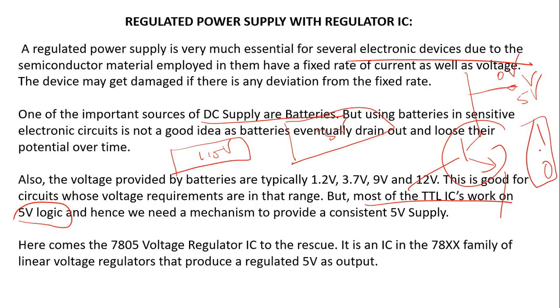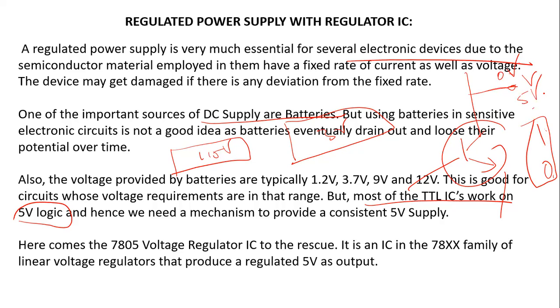So the binary information is either 0 or 1, that is, either 0 volt or 5 volt. Other than this also, many ICs require a certain kind of fixed voltage. So for that, we need to prevent any fluctuation of the voltage.